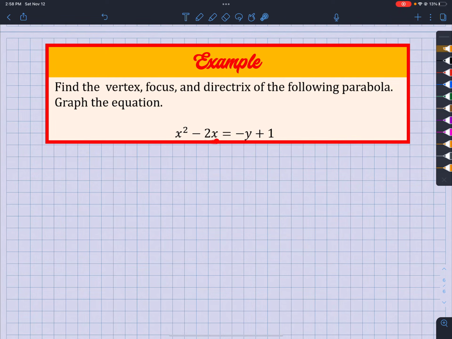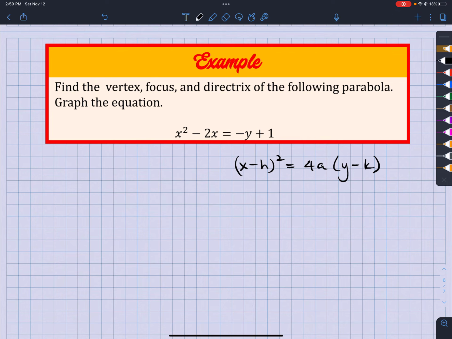I have a 2x here, and the y is not by itself either, or a product of something. So I know that this has to be (x minus h) squared equal to 4a times (y minus k). Okay, I know that's what it's got to be.